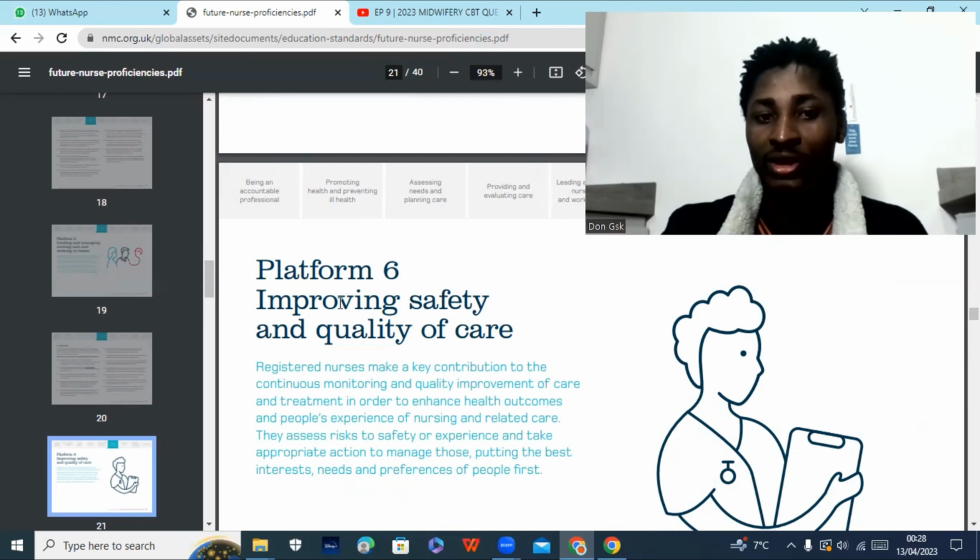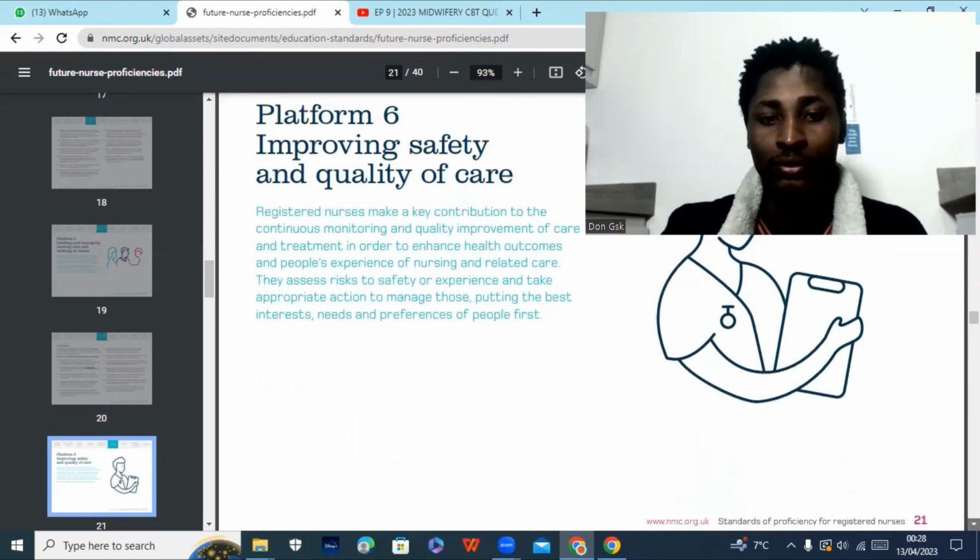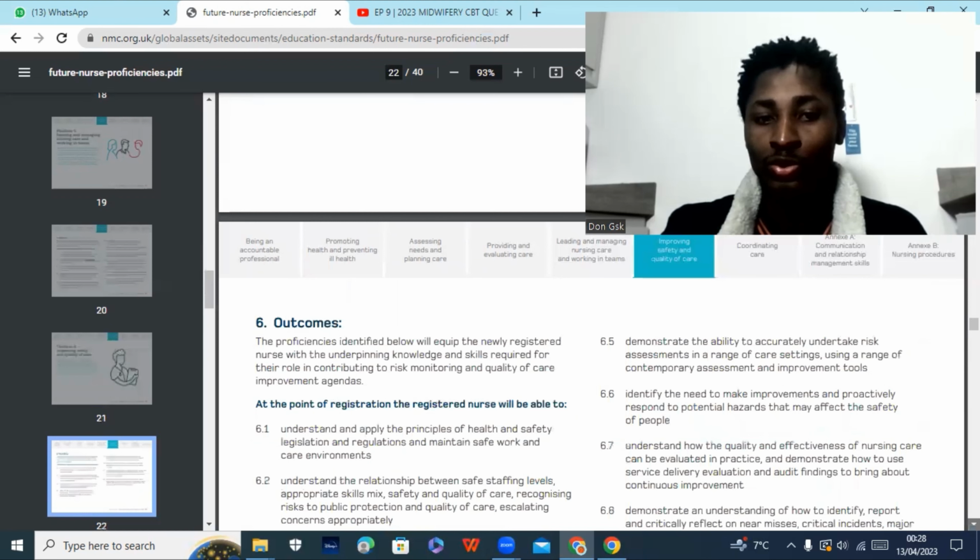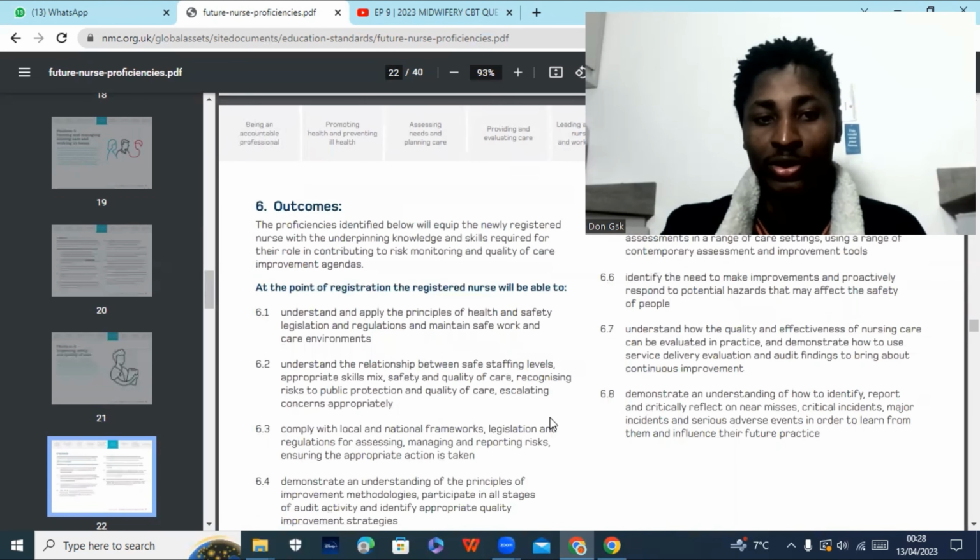Then platform 6, improving safety and quality of care. What you need to do, I mean, they will tell you. So if you look at 6.2, understand the relationship between safe staffing levels. Another key area that most questions do come from. Appropriate skill mix.